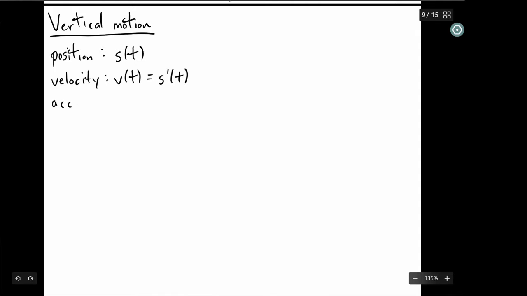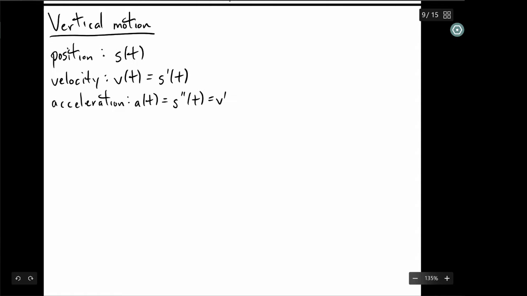And we can get acceleration, which we call a of t, which is v prime of t or s double prime of t, right?